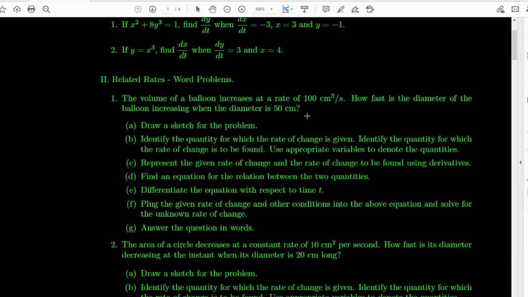I'm trying to say the volume of the balloon increases at a constant rate, and then the diameter increases at a slower and slower rate. When the balloon is very tiny, it goes very fast, right? Increases very fast.